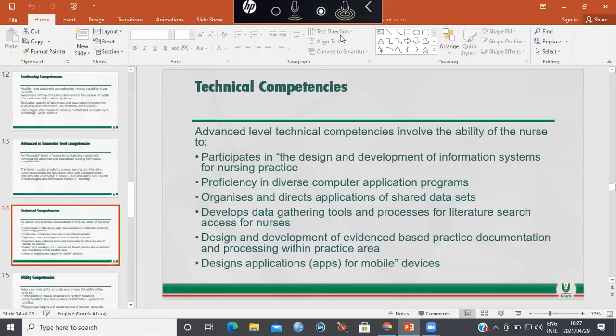And so we've just looked at different levels of competency. We've looked at the beginner, entry, or user level of competency, we've looked at the intermediate or modifier level of competency, and lastly, what we just covered is the advanced or innovator level of competency.